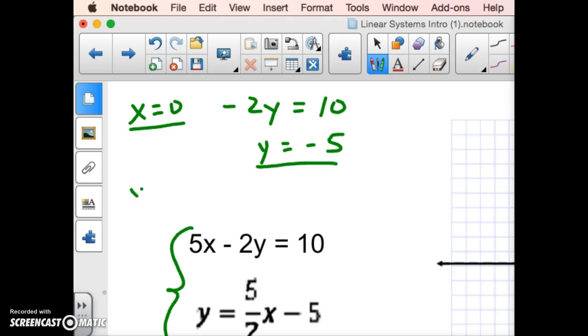If we set the y equal to 0, that leaves us 5x equals 10. X would be 2 in this case. That means we'll have a point at 2 and 0.